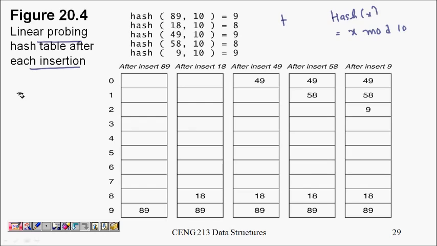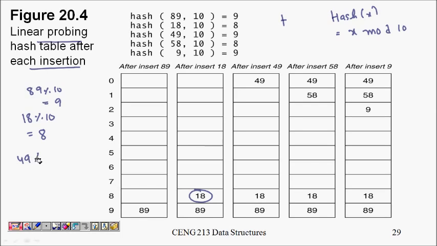First insertion is insert 89. 89 modulo 10 gives 9. The hash table size is also 10, so cell 9 is free, and I put 89 here. Then we have to insert 18. 18 modulo 10 is 8. Cell number 8 is free, so 18 comes here.